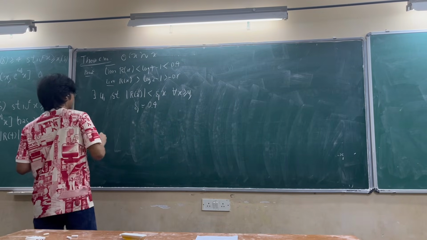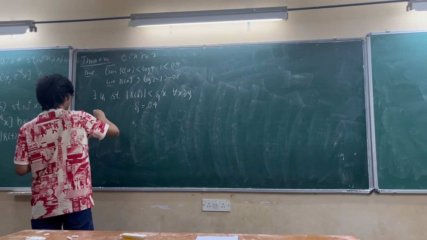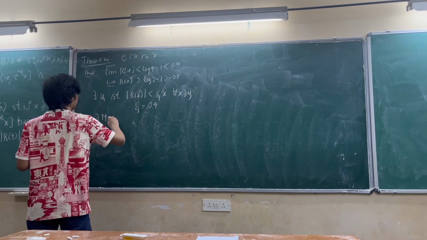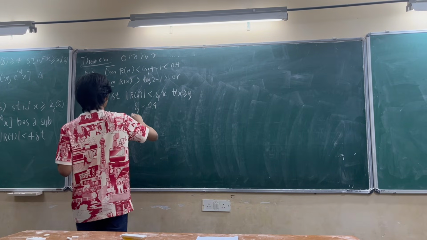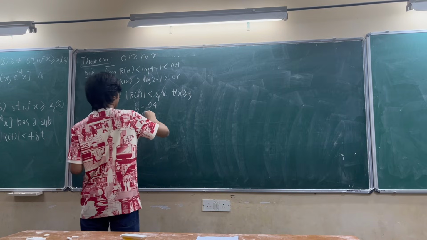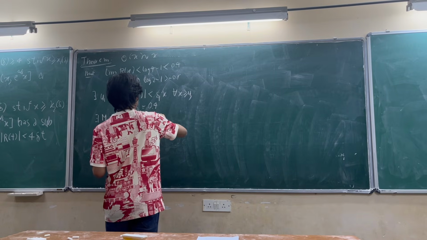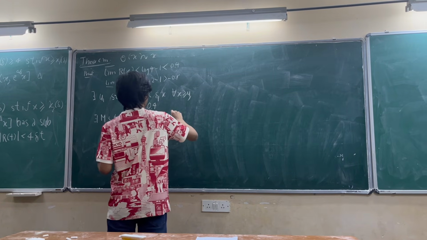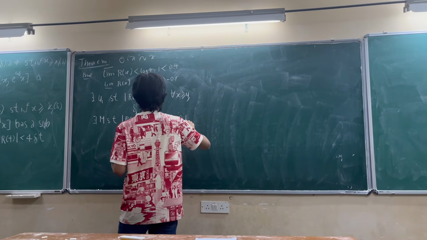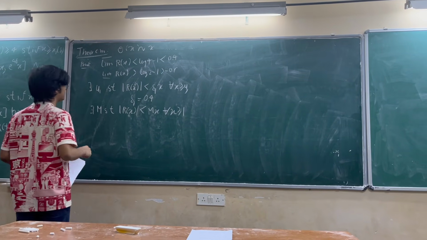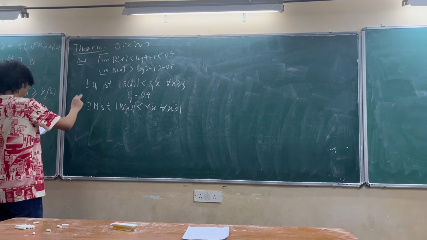Also, as a consequence of Chebyshev's theorem, you know that there exists some m such that mod of r of x is strictly less than m x for all x greater than or equal to 1. So Chebyshev's theorem gives us these two statements.